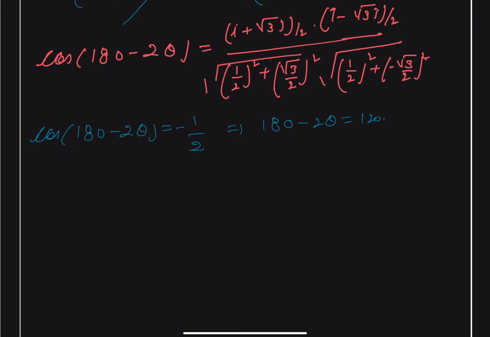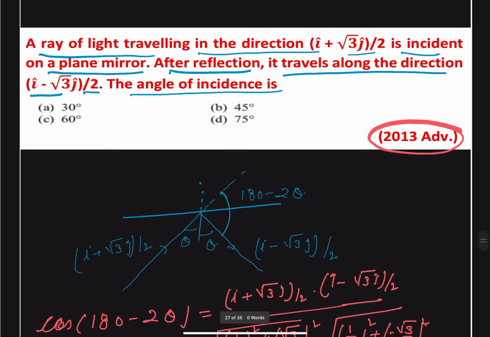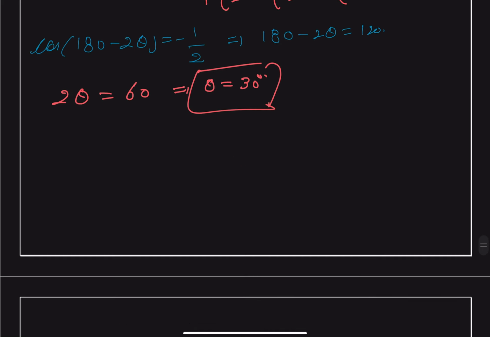This gives us that 2 theta will be equal to 60, giving us that theta is 30 degrees. So option A is the correct option. Option A is correct.